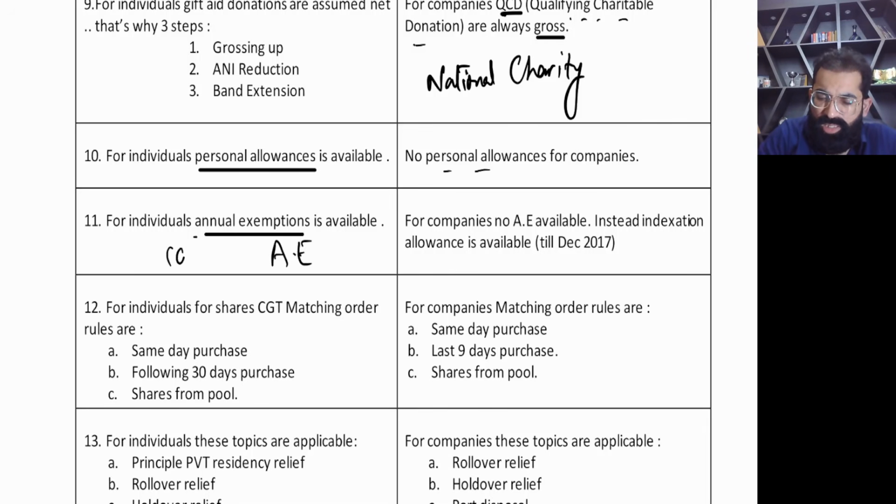But for companies, no annual exemptions are available. But for companies they give you indexation allowance, which is always given till 31st December 2017. After 31st December 2017, no indexation allowances are available.